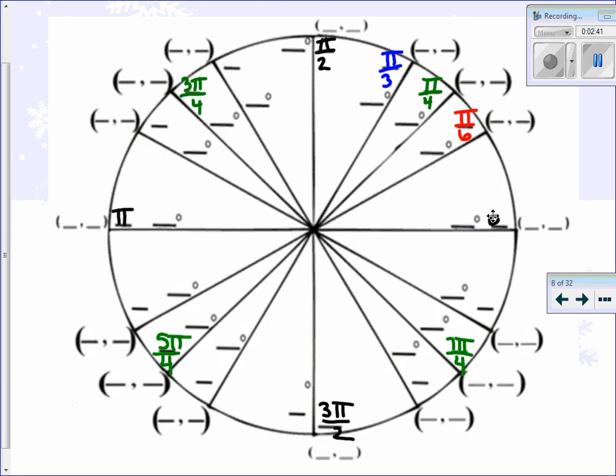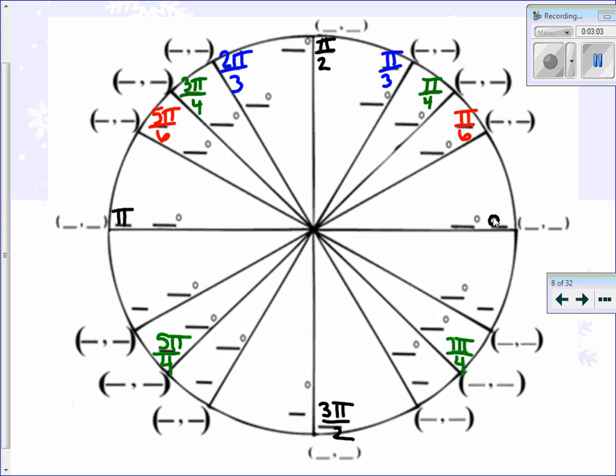Go to the next slot. That's 4 pi over 6, which simplifies to 2 pi over 3. Go to the next slot. That's going to be 5 pi over 6. Pi is 6 pi over 6.